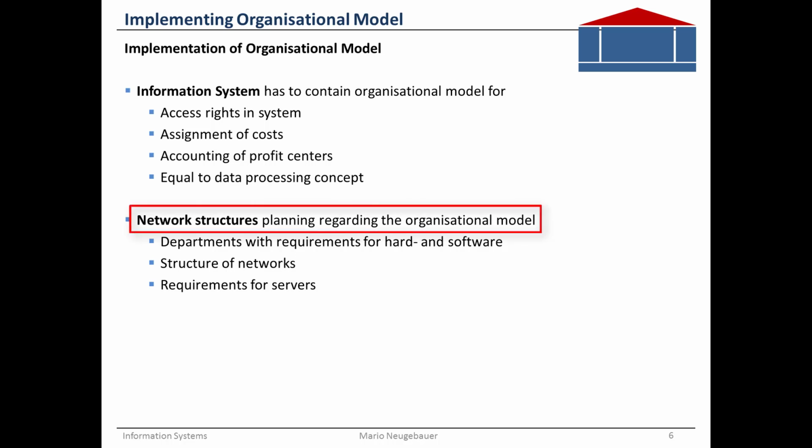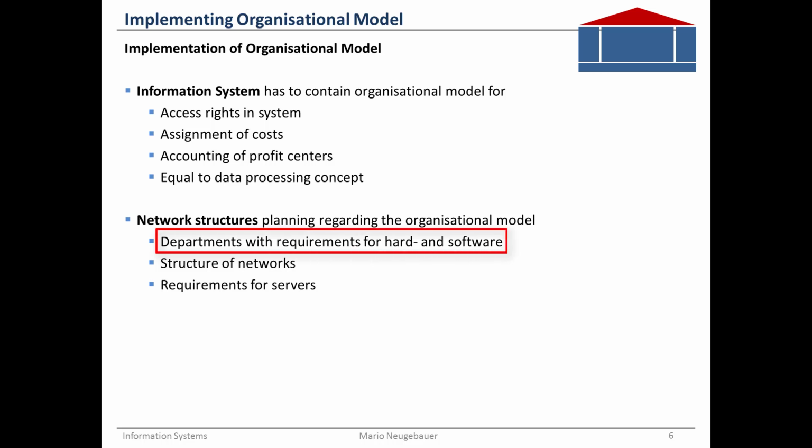And the second aspect is the network structure, which might be part of the organization. A network structure which is able to support all the functionalities of your information system. And this means if you are in large organizations, that you might organize your hardware, your software deployment regarding these departments in your organizational model.